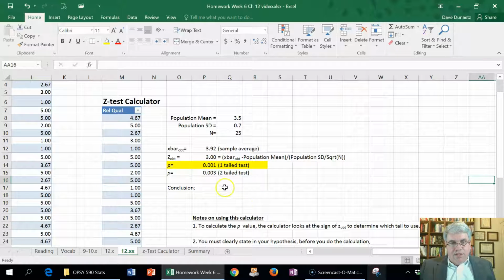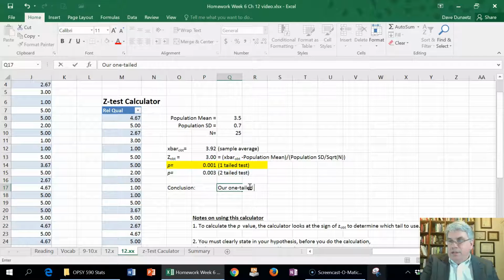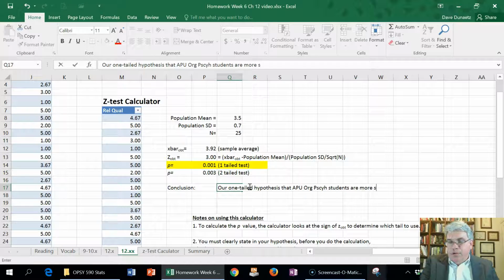Our conclusion is that our one-tailed hypothesis that APU org psych students are more satisfied with their boss than is typical is confirmed.